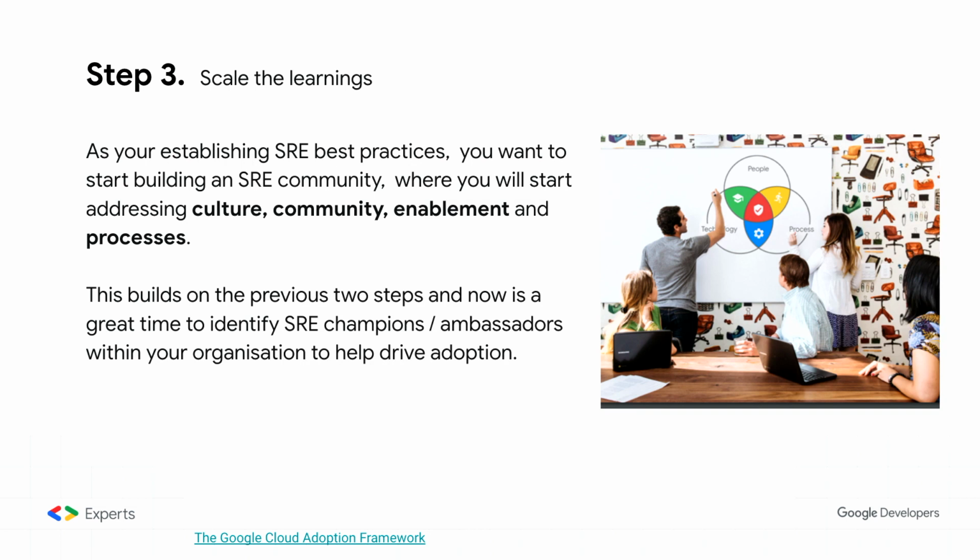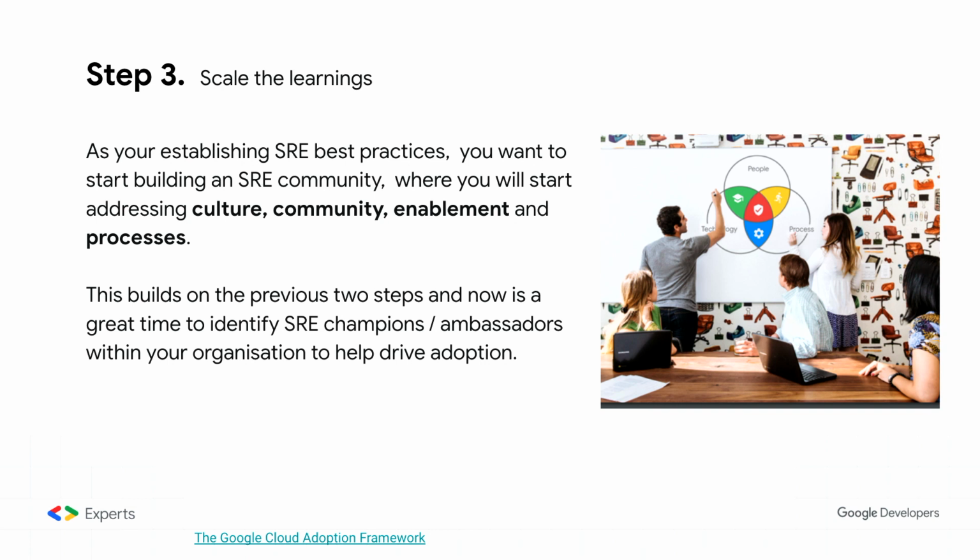Step number 3, scale the learnings. As you're establishing SRE best practices, you want to start building an internal SRE community. With this, you will start addressing the culture, the community, the enablement, and the processes. This builds on the previous 2 steps, and with that, it'd be a good time to find an internal SRE champion or ambassador within your organization that can help to drive adoption.